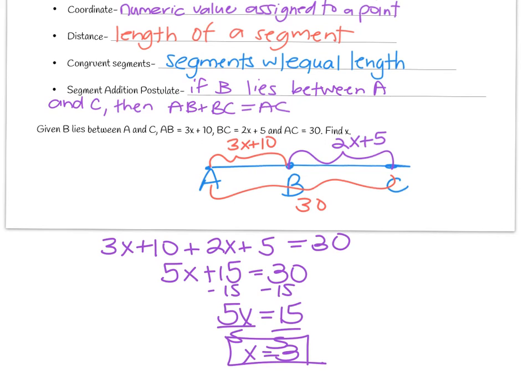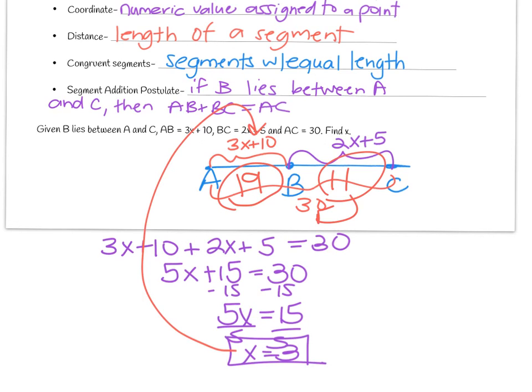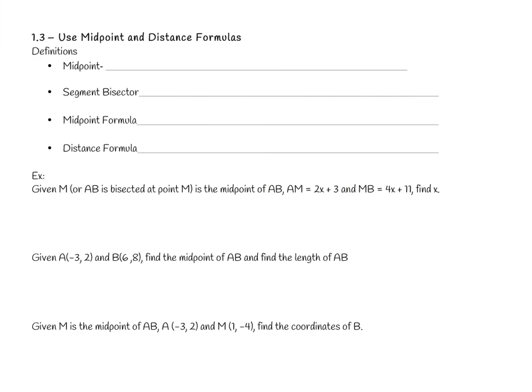And I can always plug this in. So 3 times 3 is 9, plus 10 is 19. And then 3 times 2 is 6, plus 5 is 11. 19 plus 11 is 30. So if you've got the extra time on your test, you can always go back to a question like that and check it. Okay, so 1.3 is midpoint and distance formulas.